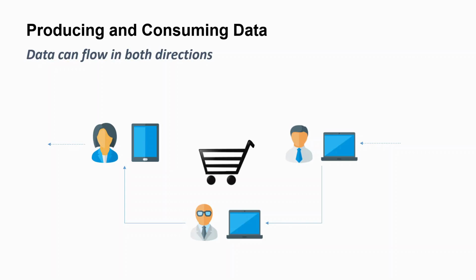Data could also flow in the other direction, of course, and maybe that is actually more common, that data produced on the PC user interface is later on consumed, in this case by a sales representative on the field, who's getting some instructions on what they should keep an eye out for in terms of purchasing new products for the retailer company. So data can flow in both directions using these streamlined user interfaces across devices.